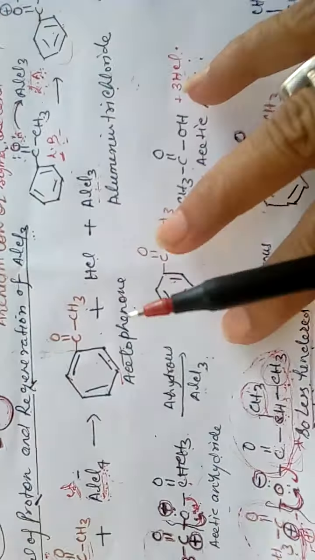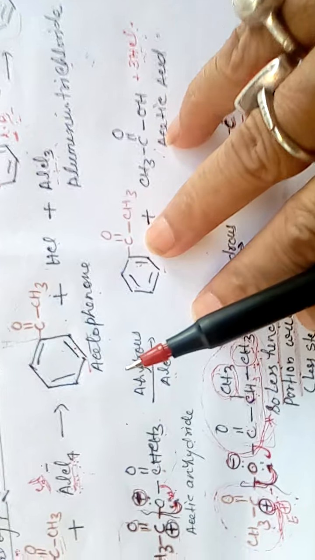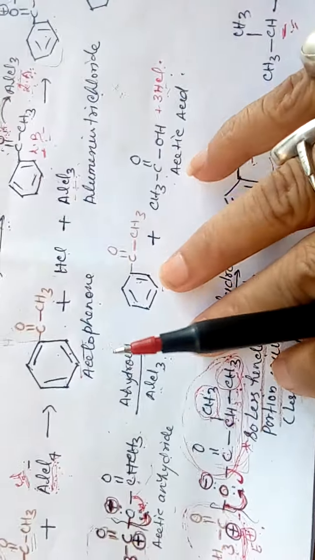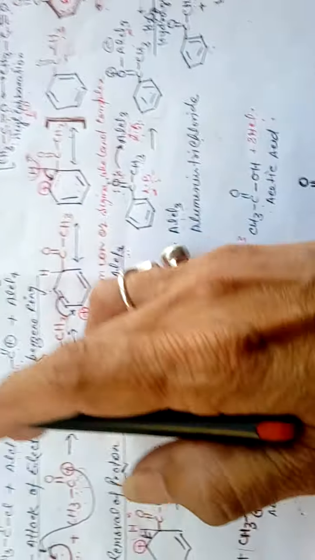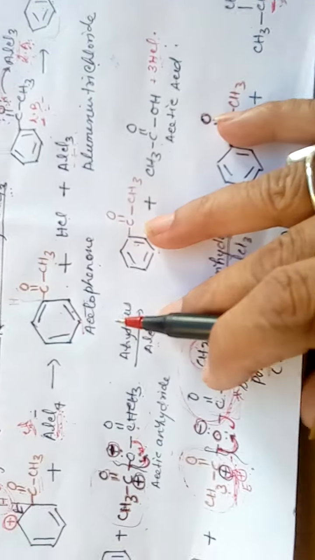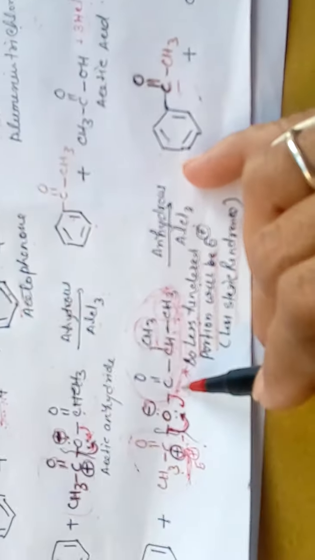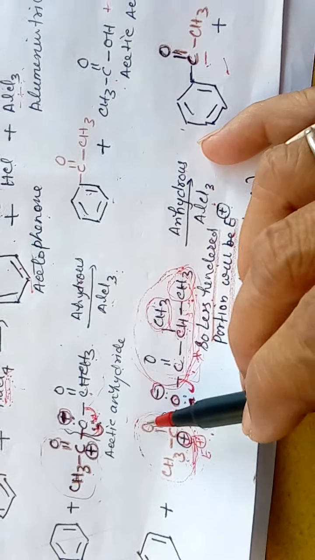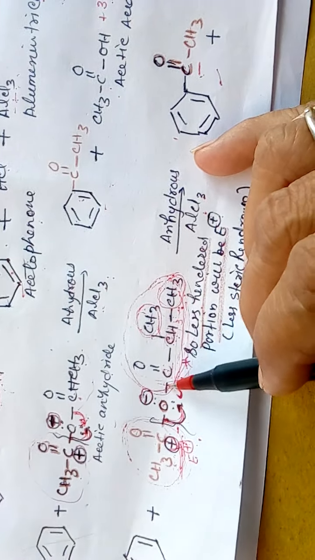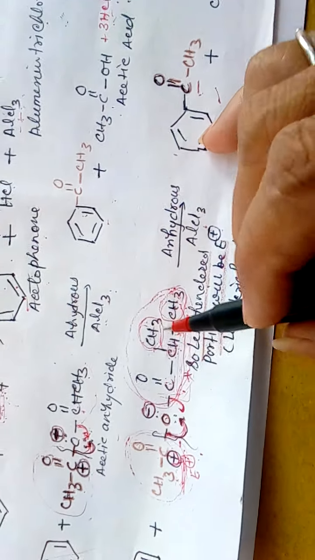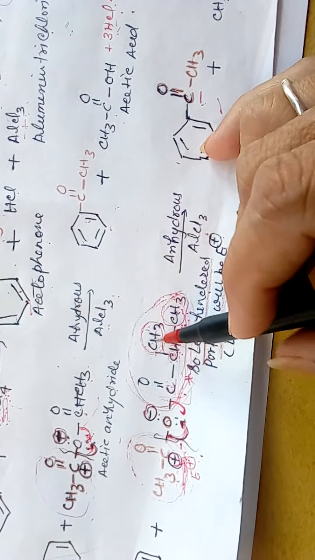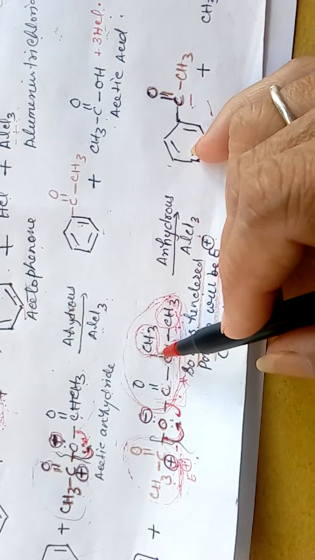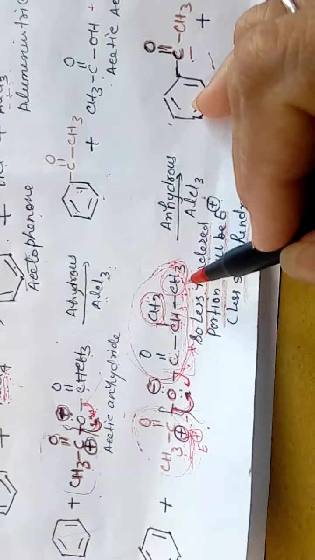Now we take another reagent in place of acyl chloride, which behaves like acyl chloride. It is this product: CH3 C double bond O and C double bond O and CH3, where in place of 2 hydrogens we attach 3 methyl groups here.